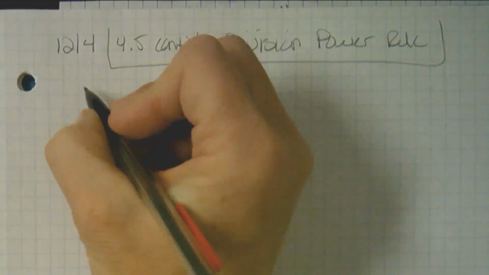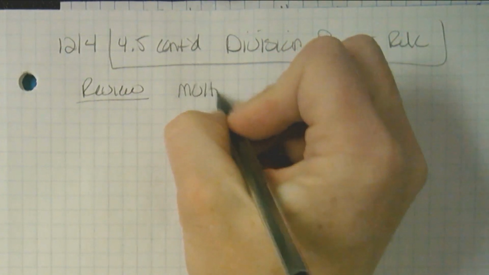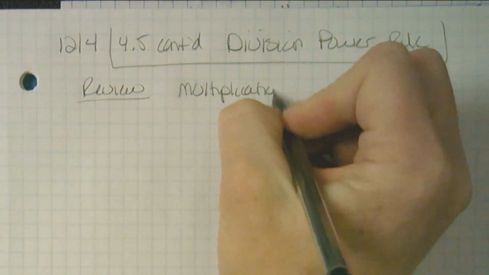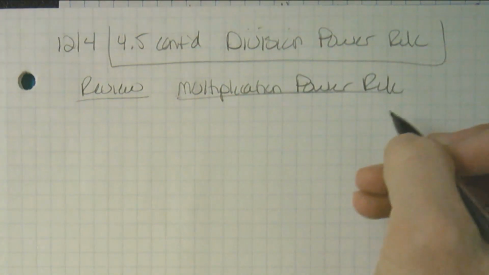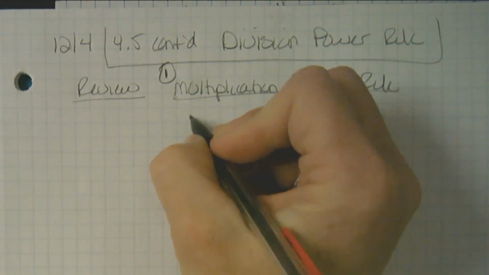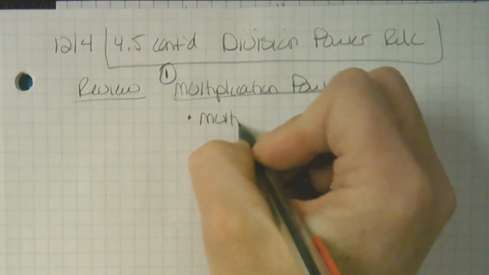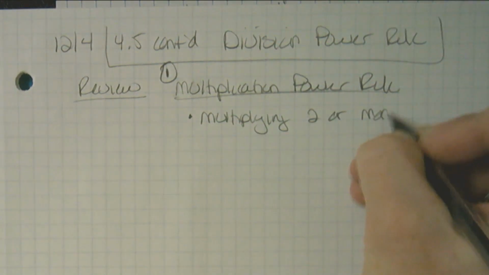All right, so let's review our addition power rule. I'm sorry, our multiplication power rule, just so we have them on the same page. This is our first power rule. This is when we are multiplying two or more numbers.